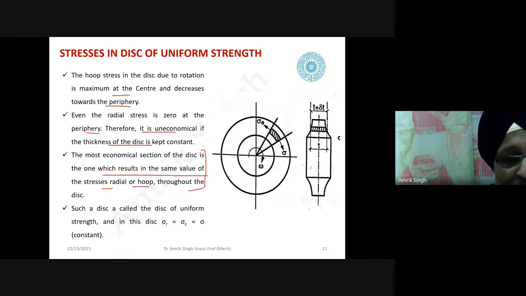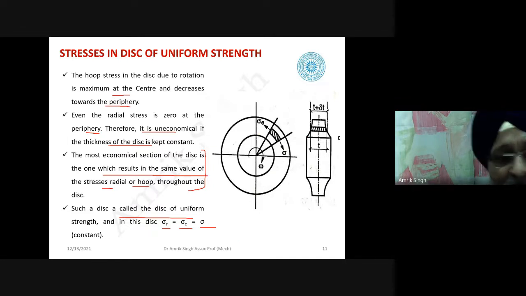Such a disk is called a disk of uniform strength. So we take the hoop stress equal to the radial stress equal to a constant. So we have considered a disk rotating at high speed with omega rpm, and sigma is equal to sigma theta is equal to sigma r. So in all directions, the strength is uniform.